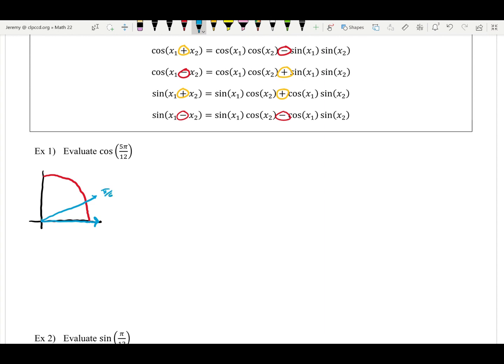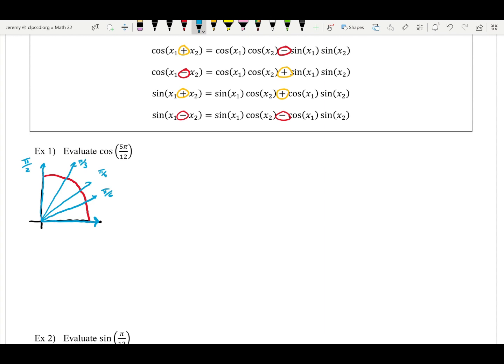Somewhere around there, we've got pi over 4. And we've got pi over 3. And then up here, we've got pi over 2. Okay, so yeah, if I see any of these, or they could be multiplied by some integer, like 3 pi over 4, I also know how to deal with.